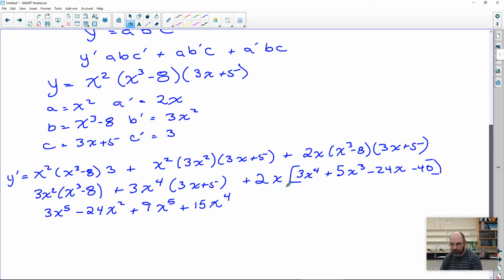And then this is where we're going to get the multiplying it out here, plus 6x to the fifth plus 10x to the fourth minus 48x squared minus 80x.